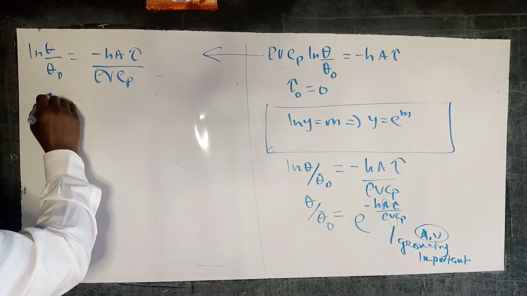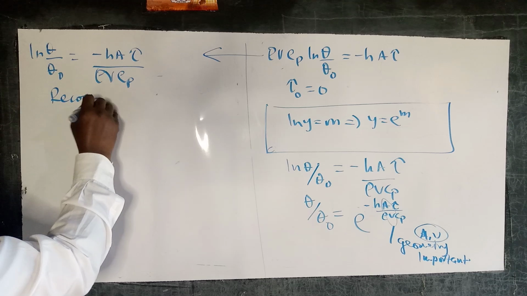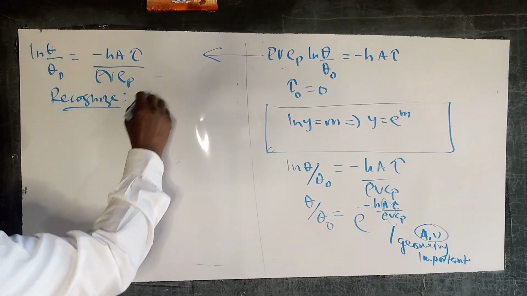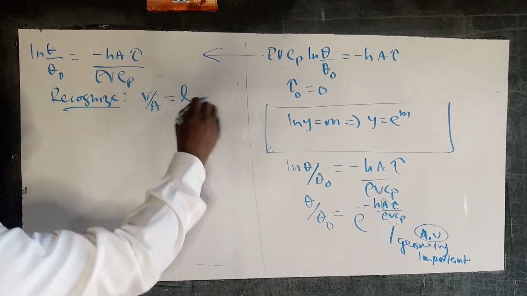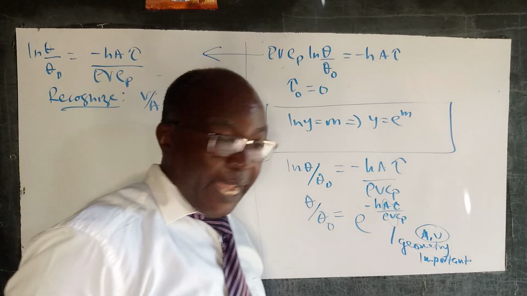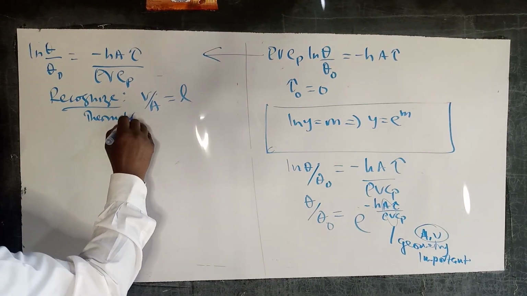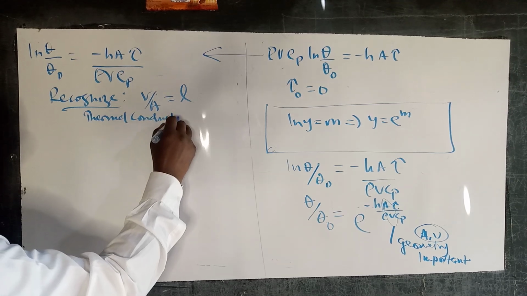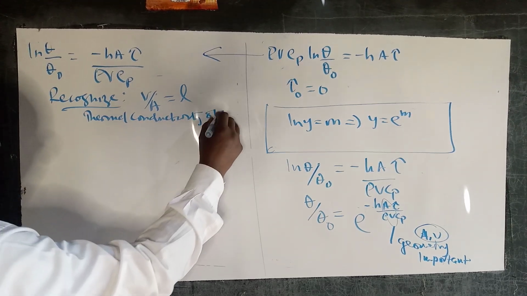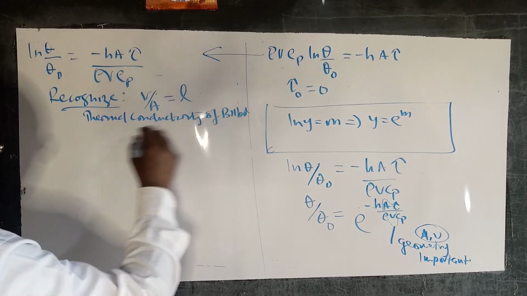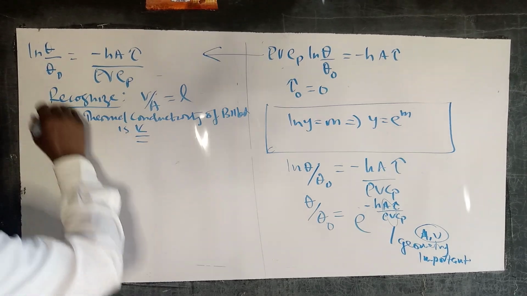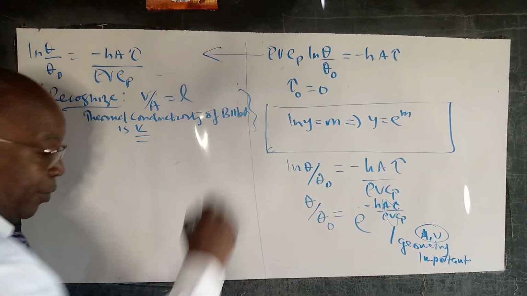So we recognize, one, that V over A is L, and two, that the thermal conductivity of the billet is K. These are two things you want to have.